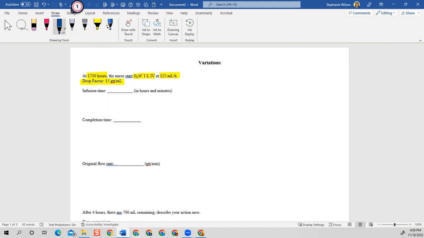So I just want to do a little light talk about the drop factor. The drop factor is the actual needle that's in the tube that's connected to the patient's hand, wrist, arm, and then the tube goes up to the IV bag. So the tube and the needle that's connected to the patient doesn't change. So that's called the drop factor. It does not change.